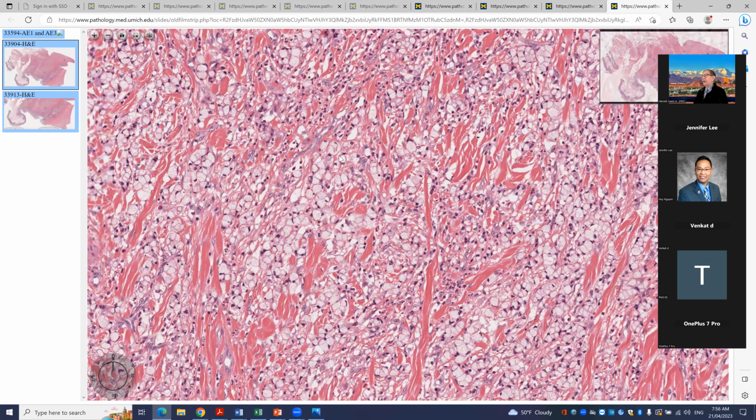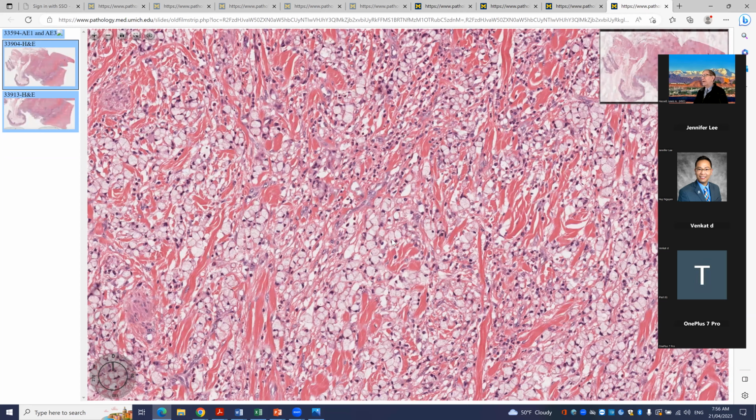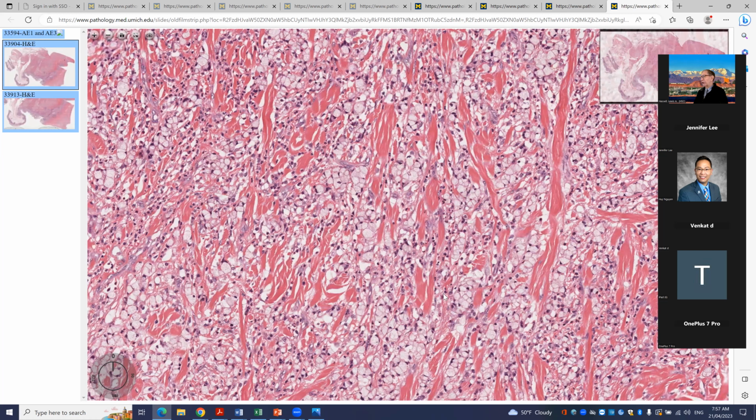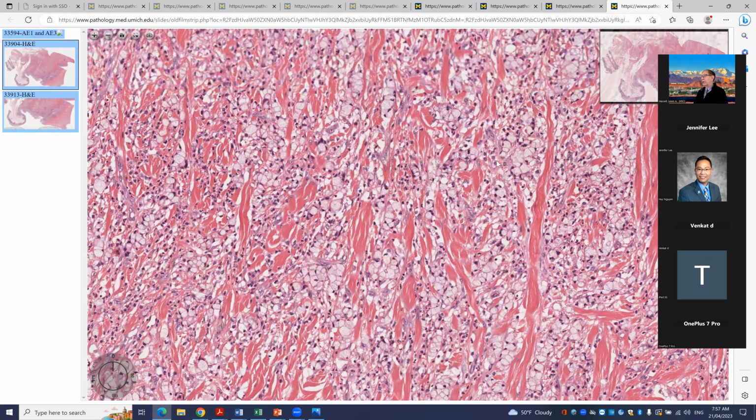In this case, I think this is a poorly differentiated signet ring cell adenocarcinoma, but you would want to do the neuroendocrine markers because goblet cell adenocarcinoma or goblet cell carcinoid lesions can occur in this location and have a somewhat better prognosis than the combined or the pure adenocarcinomas.